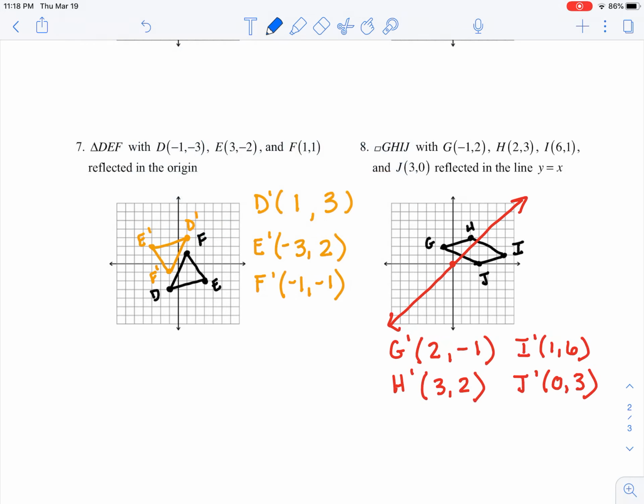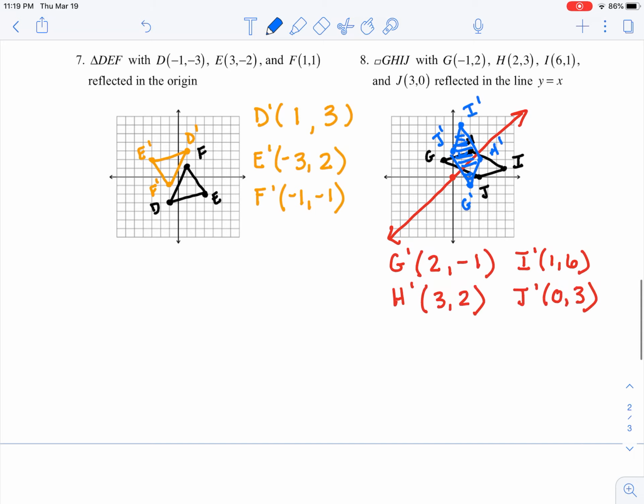When I graph my image, your final image should look like this.